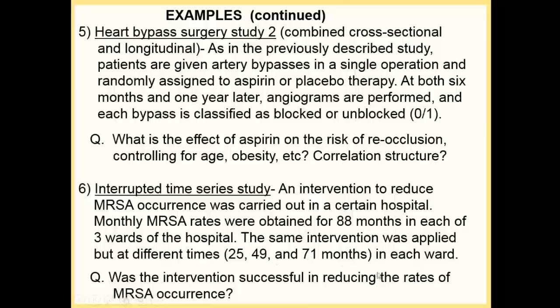Now think of it, just don't even worry about the 3 wards. Let's just talk about 1 ward. Now, what happened? What do you think happened? What am I describing? Well, let's just talk about the 25. What happened was, they had these MRSA rates starting at month 1, going up to month 25, and then at month 25, they started this intervention to try to reduce the rate, okay?